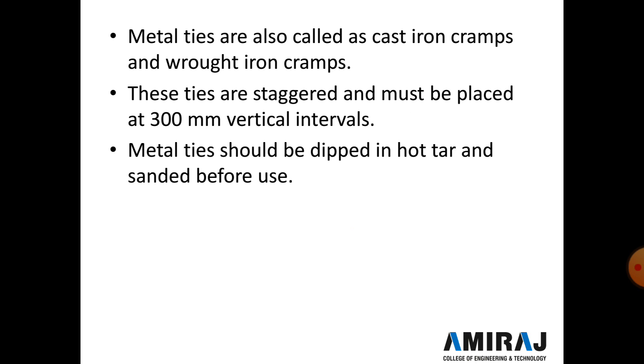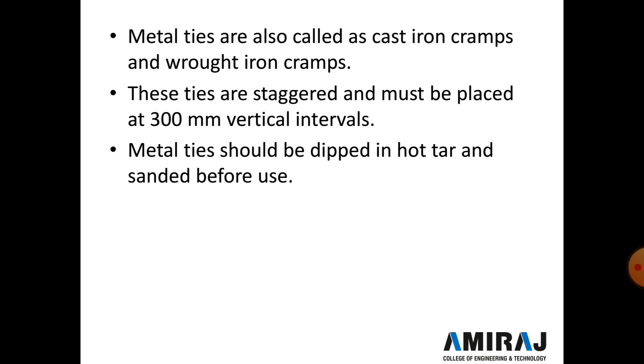Metal ties are also called cast iron cramps or wrought iron cramps. These are staggered and must be placed at 300 mm vertical intervals so as to increase the stability of the two leaves. Metal ties should be dipped in hot tar and sand before use so as to avoid corrosion. Here hot tar is coated on the metal ties to avoid corrosion.